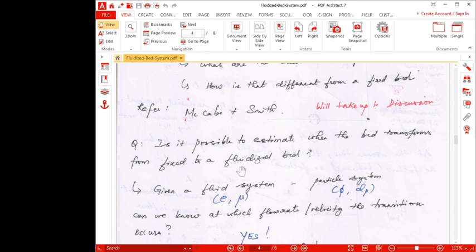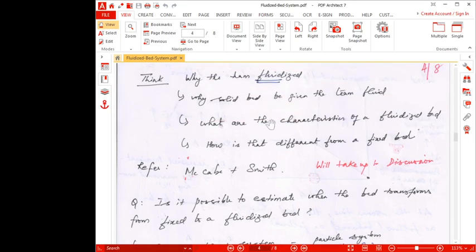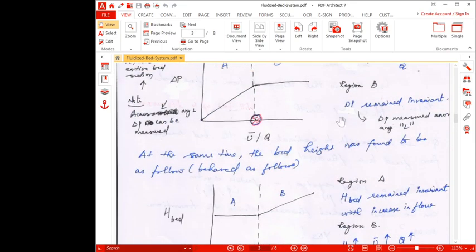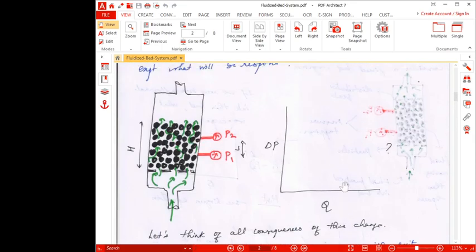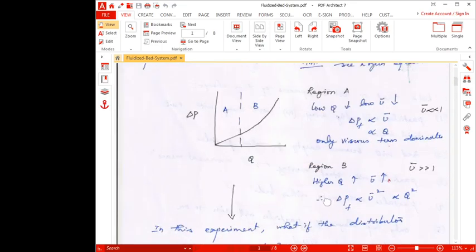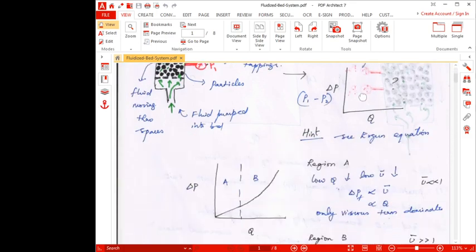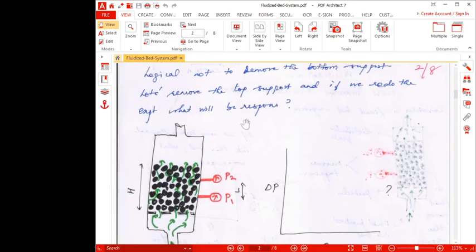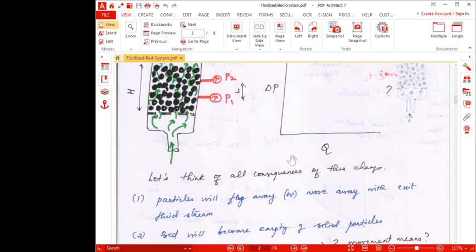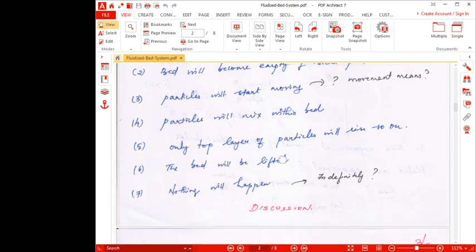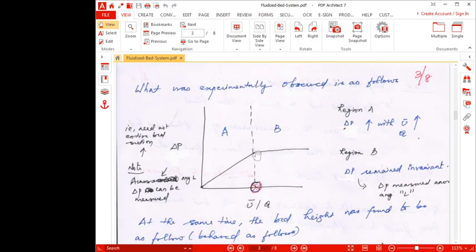I'll just stop here. What we have seen so far in this video is how the pressure drop versus flow rate or velocity behaves in a fixed bed, where you have both the distributor plates, how this plot looks, and how this plot looks if the top plate is removed. We identified that there is a transition regime.